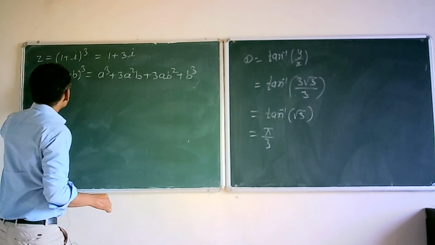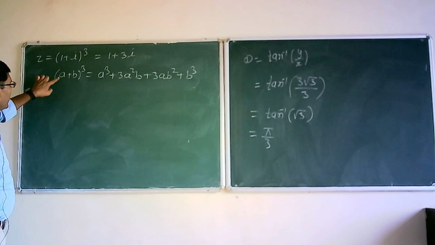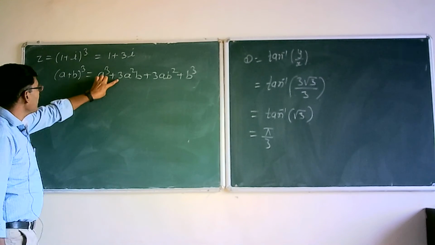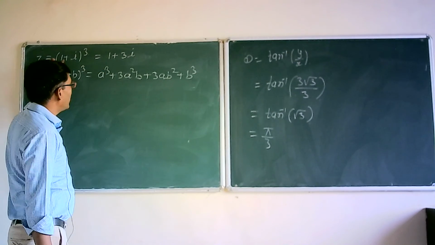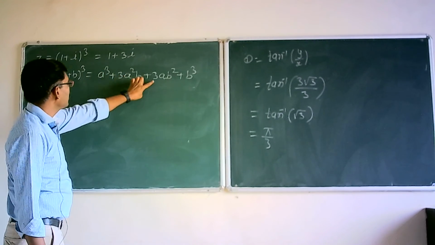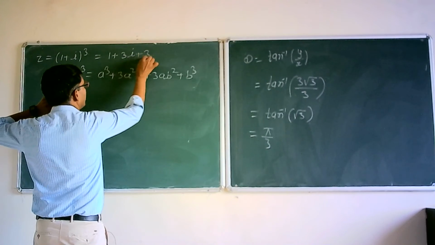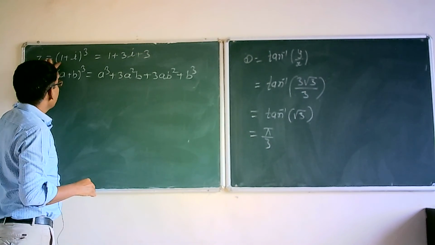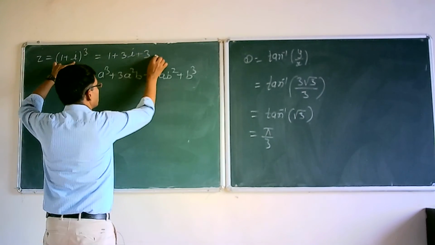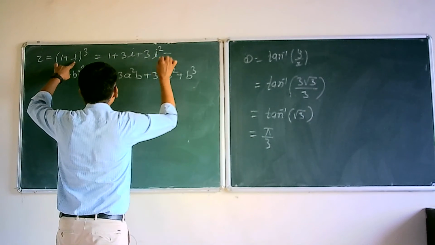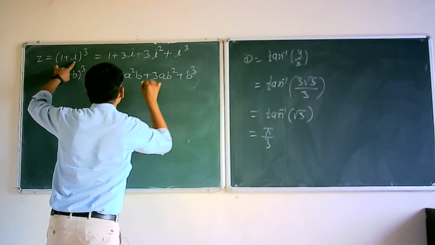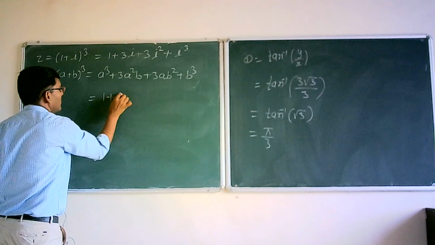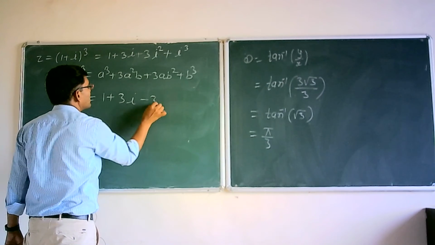So here a is 1, b is i. So a cube, that is 1, thrice a square, that is 1 square is 1, times b, which is i. And then next 3 times a, which is 1, b square, iota square, plus b cube, that is i cube. So if you simplify this, it is equal to 1 plus 3i minus 3 minus i.